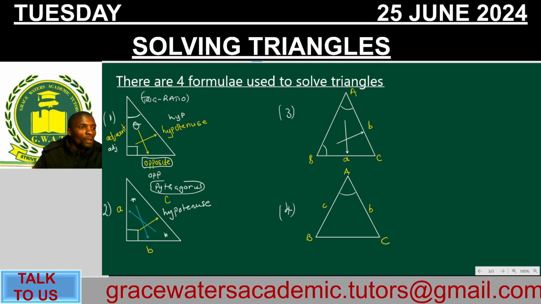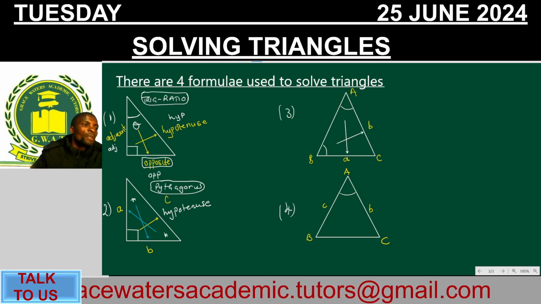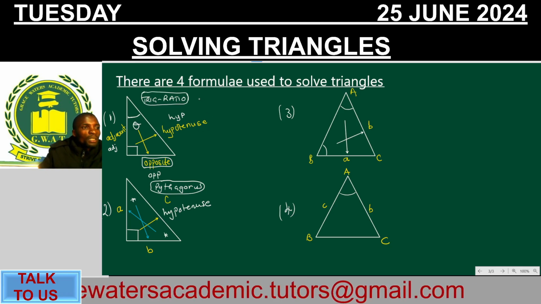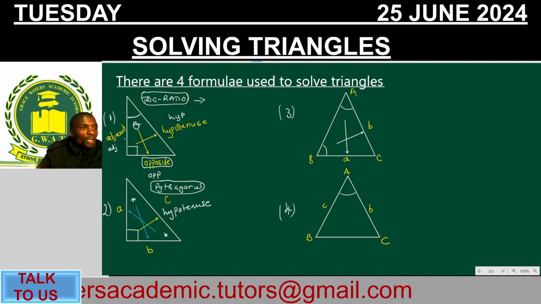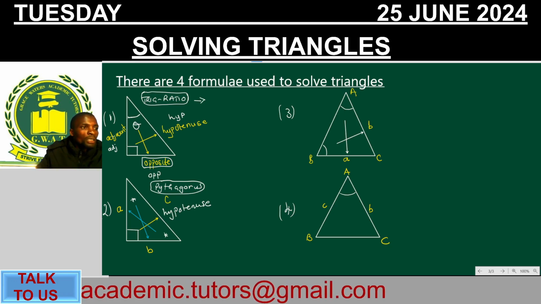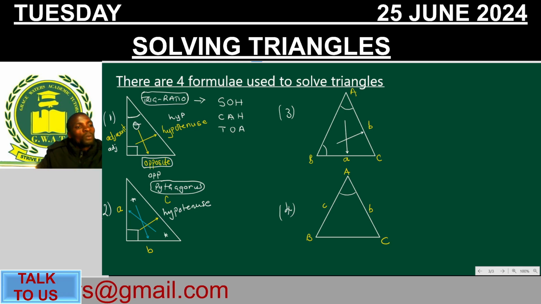Now we need to look at what these two formulas say. The first thing is the trig ratio says that when you have all three sides of any shape or any triangle, which is the opposite, adjacent, and hypotenuse, you use SOHCAHTOA.